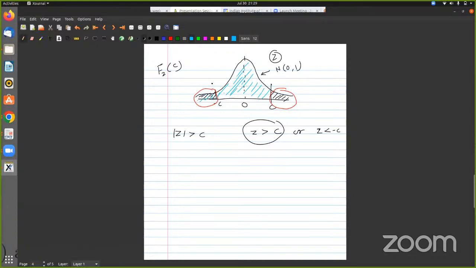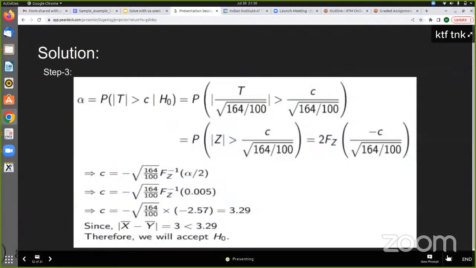So I cannot write 2 times Fz of c, because 2 times Fz of c means this blue portion twice. We are interested in this red portion, and this red portion is equal to 2 times Fz of minus c. That's why we take 2 times Fz of minus c.